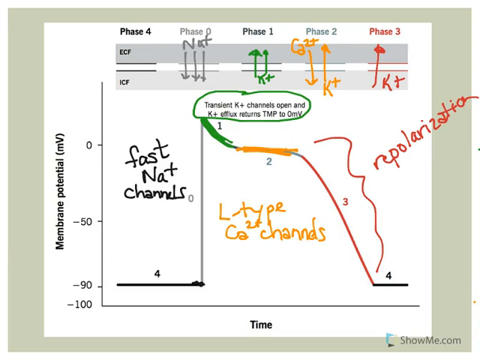So resting membrane potential, you have that stable membrane potential. What's allowing that to be stable is you have the sodium-potassium pump working, it's going to get the sodium to come back out. We're going to pump 3 sodiums out of the cell in exchange for 2 potassiums. We're going to keep that unequal distribution. It's that membrane potential is negative.